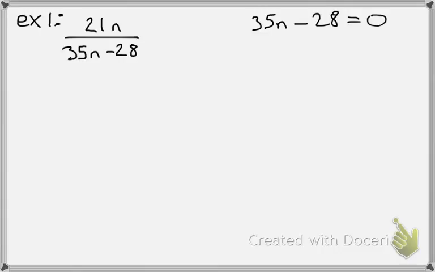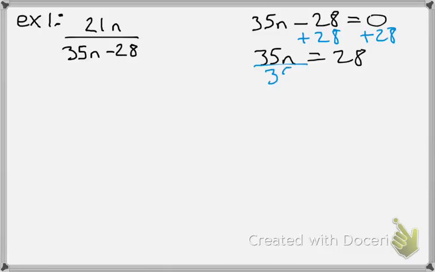From there, we went ahead and solved, or got our variable by itself. So to do that, I'm going to add 28 to both sides. That's going to leave me with 35n is equal to 28. Now, what's keeping that n from being by itself is that 35.